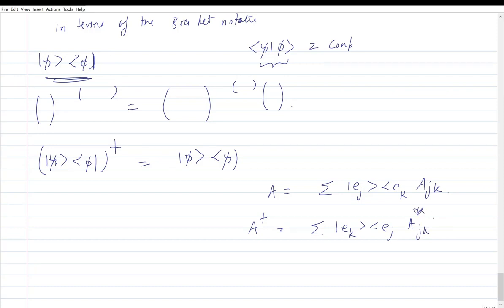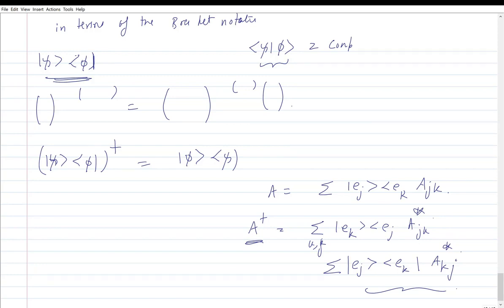So this is exactly equivalent to what we are saying over there. Or in other words, since there is nothing special about k and j, I can change this to E_j, E_k over here, and just play with the indexes, E_kj. So essentially, it's all equivalent, just the matrix representations of the Hermitian conjugate operator.